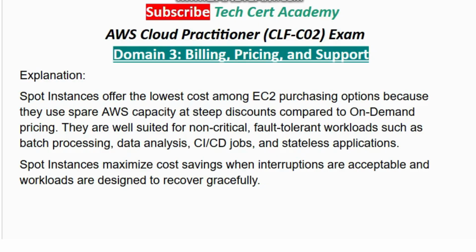On-demand instances provide flexibility without interruption, but at a higher cost. Dedicated hosts provide isolated hardware, but are significantly more expensive. Spot instances allow organizations to achieve massive cost savings for batch jobs, big data processing, or temporary workloads, making them an essential tool in a cost-conscious cloud strategy.